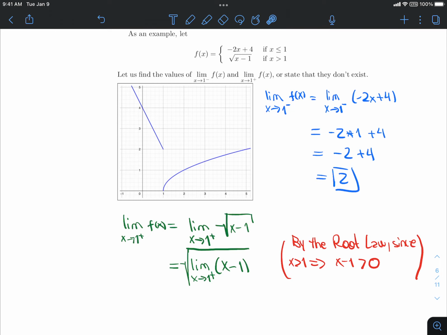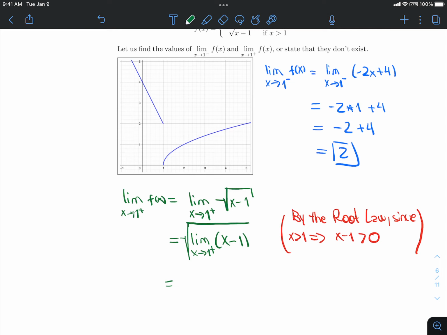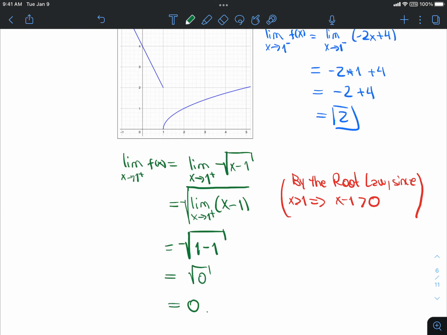We didn't even need strictly positive, we could have greater than or equal to 0, but strictly greater than 0 is fine. So using the root law, we can just do the root of 1 minus 1, direct substitution, since this is a regular linear function. This is the root of 0, so this is 0. I hope this helped.